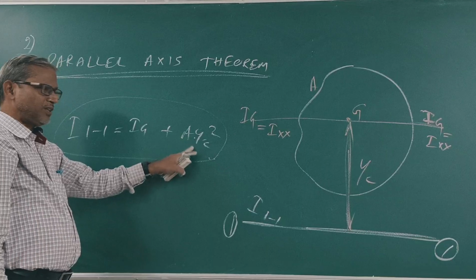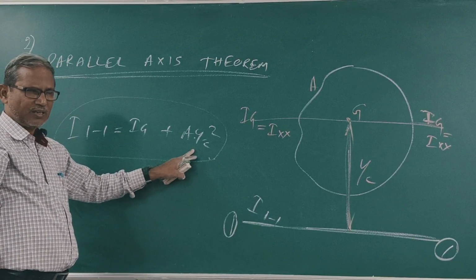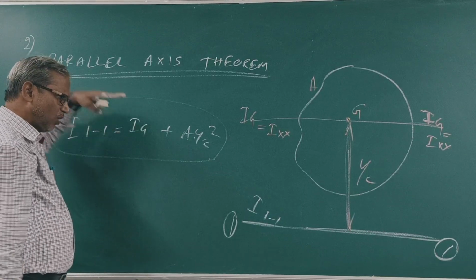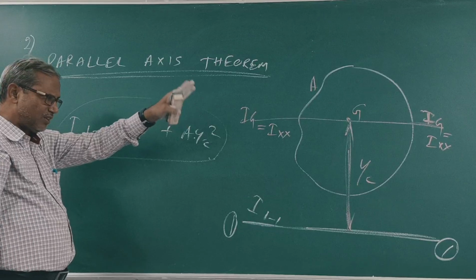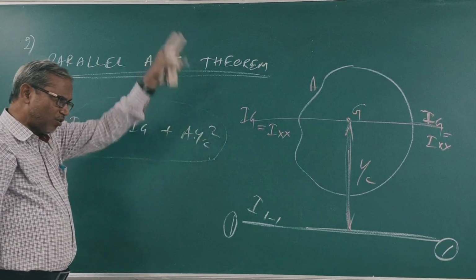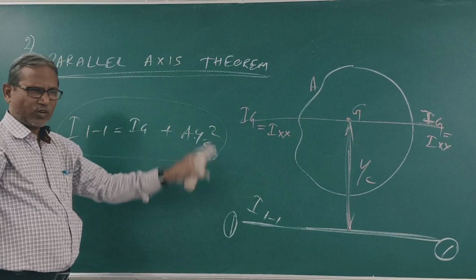Clear? So I11 is equal to Ig or Ixx plus A into Yc square.